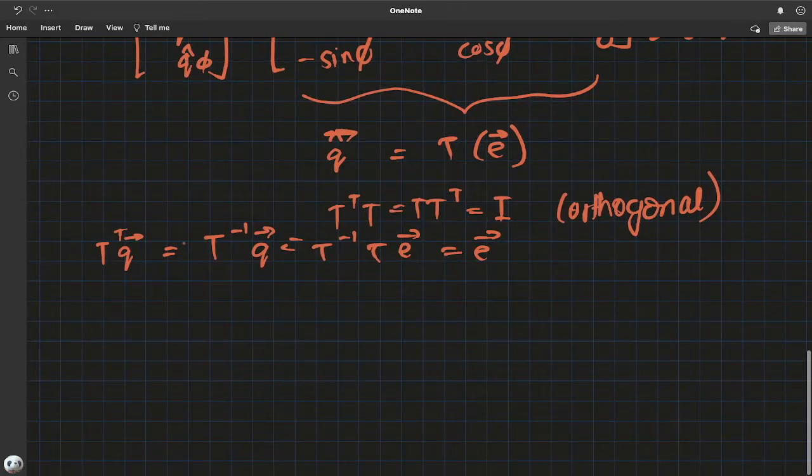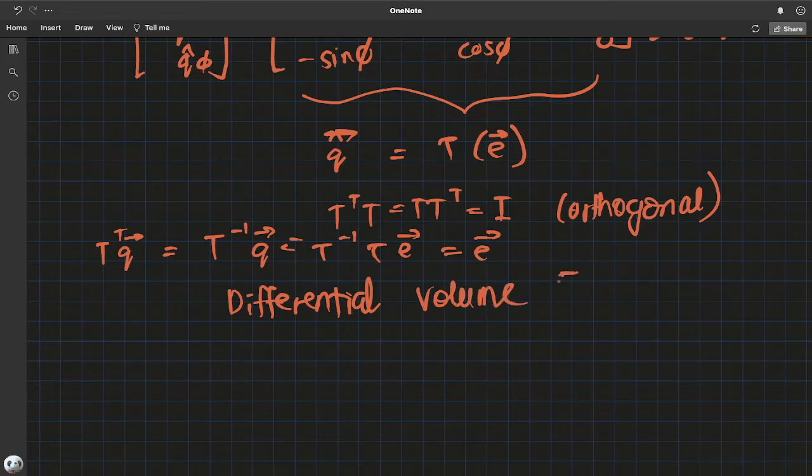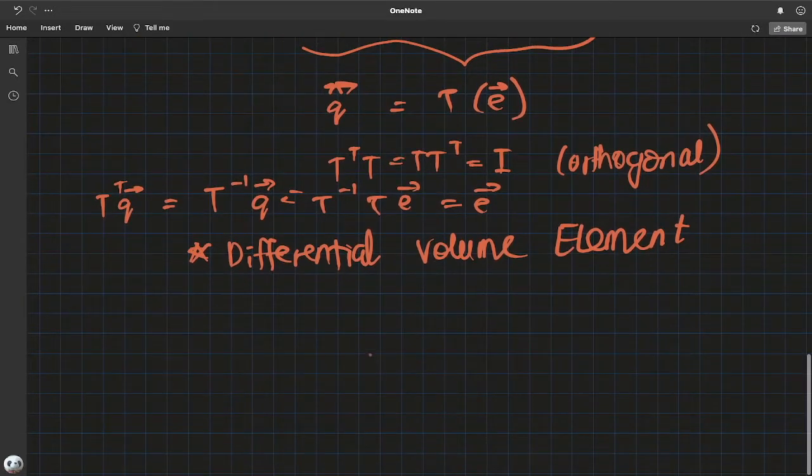Okay, now what does the differential volume element look like? Let me try my best. So this is d rho.